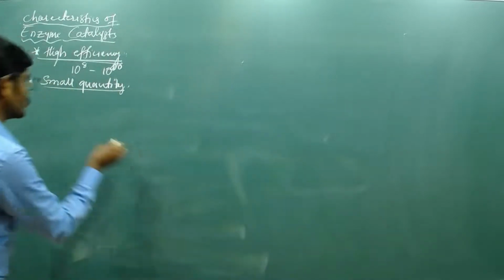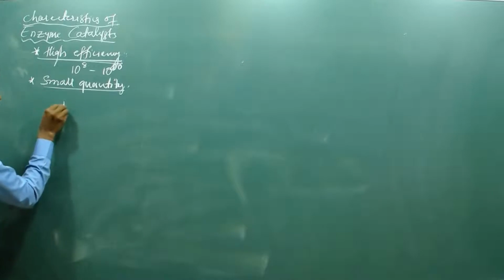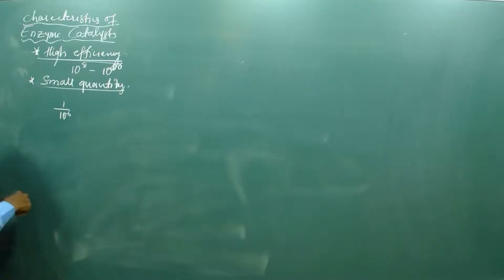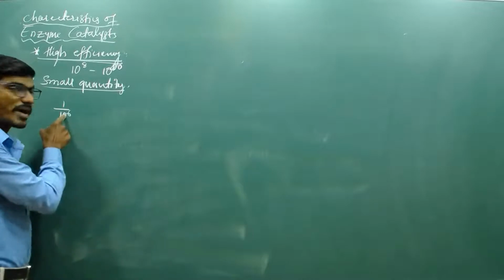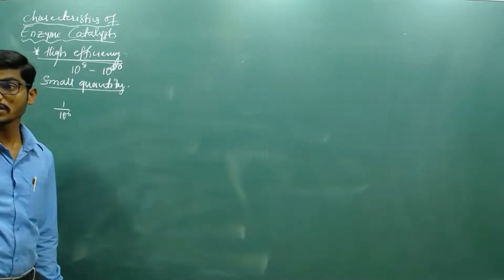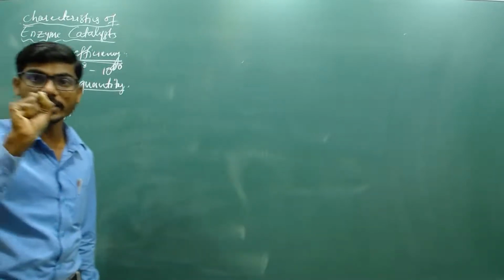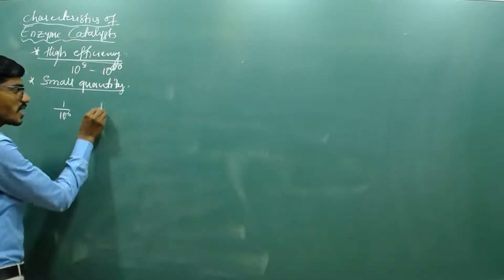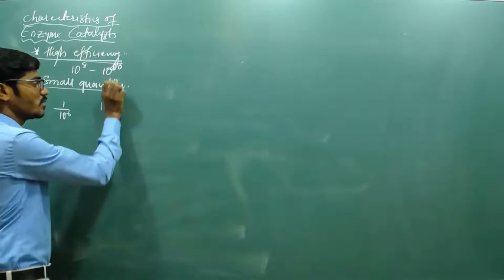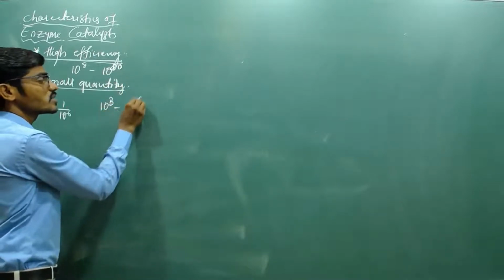If we use a very small quantity, 1 millionth of a quantity, that means 10 to the power minus 6 grams per mole, such a small amount of an enzyme catalyst can increase the rate of a reaction from 10 to the power 3 to 10 to the power 6 times.